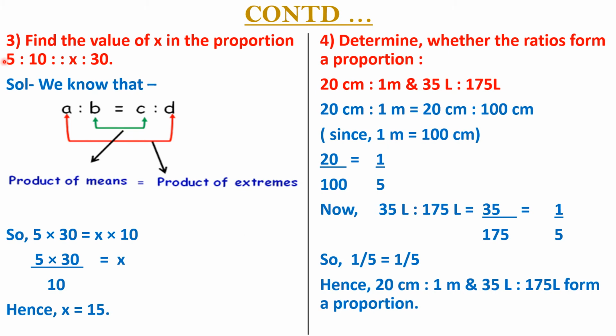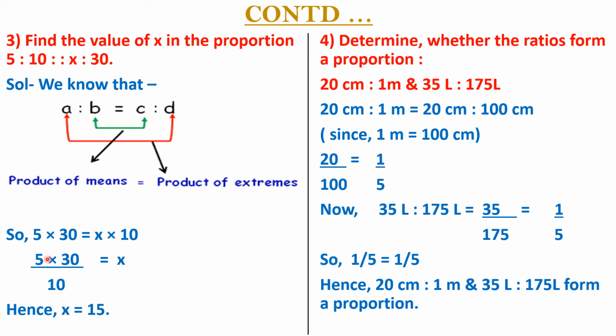Question 3. Find the value of x in the proportion 5:10 proportion with x:30. We know that A:B is in proportion with C:D only when the product of extremes is equal to the product of means.